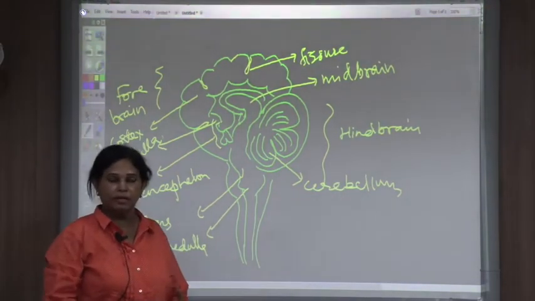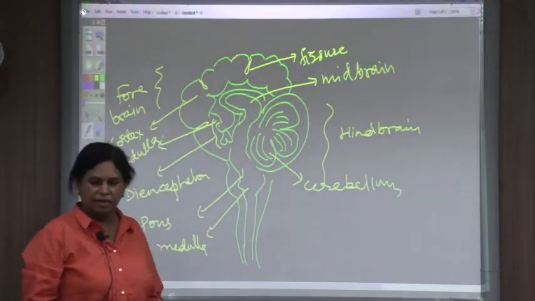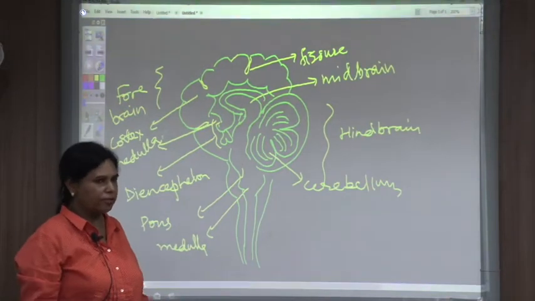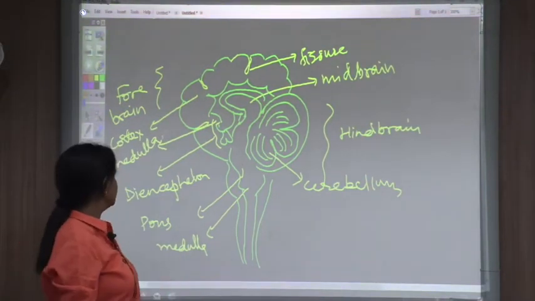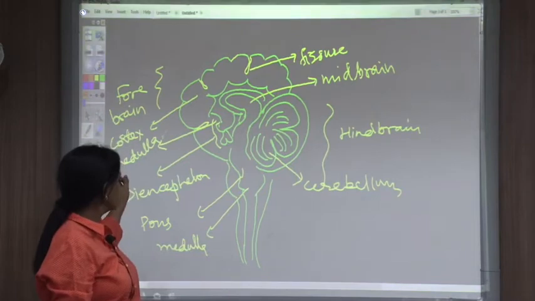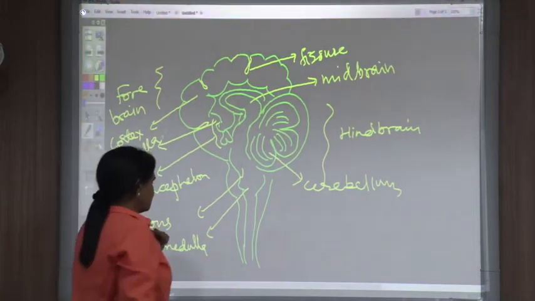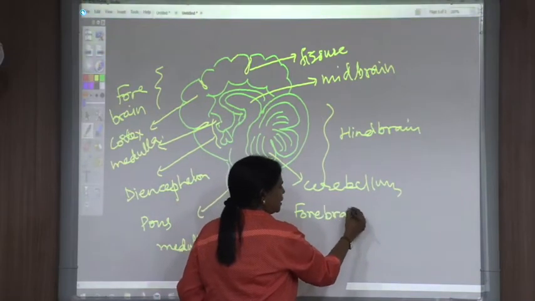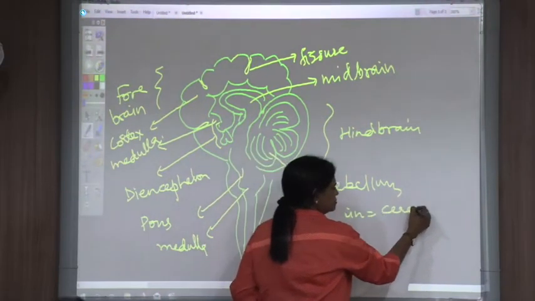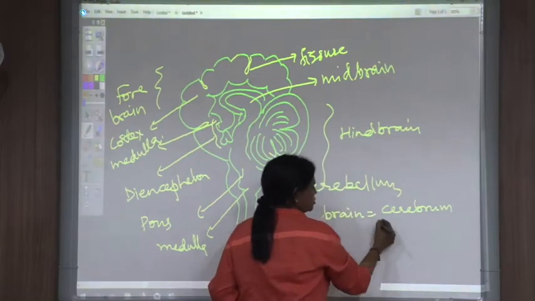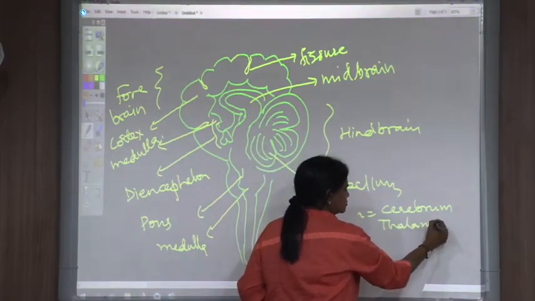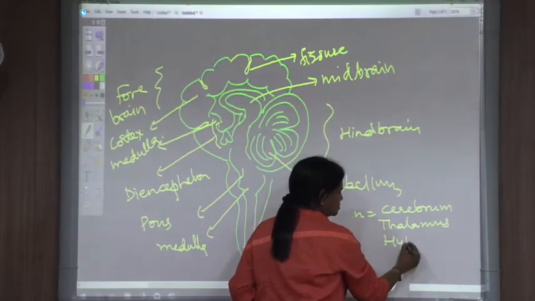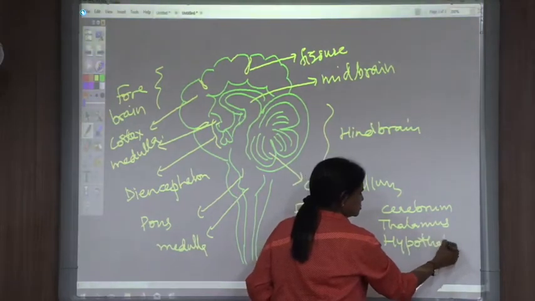Now the brain is divided into three main basic parts: the forebrain, the midbrain and the hindbrain. The forebrain is the front part, and this front part has the cortex, and the hind part is the cerebellum at the back side, and the midbrain consists of only the small area which has the cranial nerves in between.